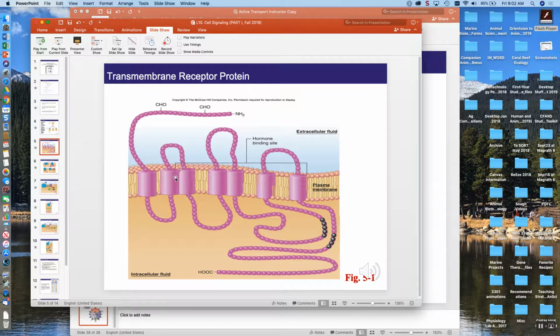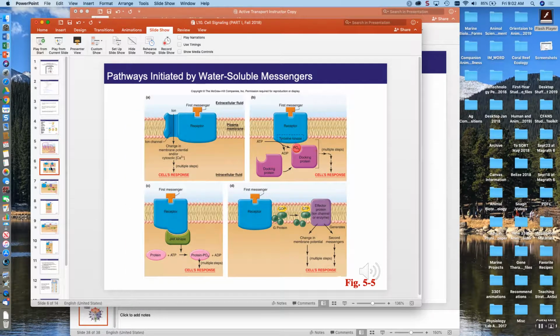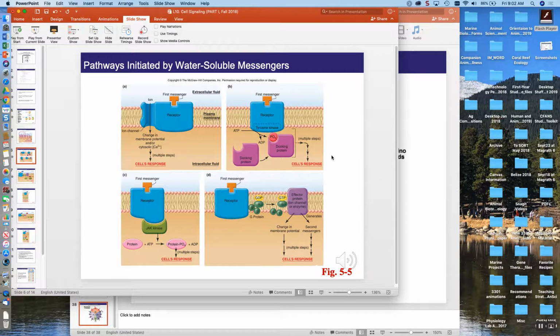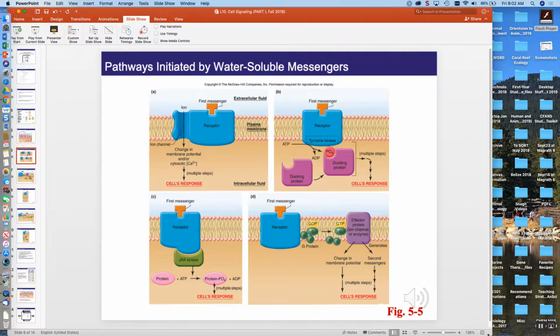Everything builds upon itself. So I'm going to give you an overview and tell you how G-protein coupled receptors fit into the big picture here. Let me blow this up even more. Here are different types of receptors, ligand gated, if you will. This orange first messenger is your ligand.